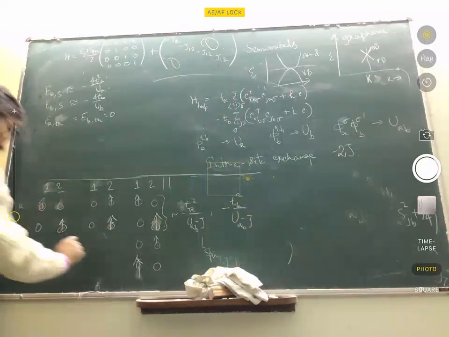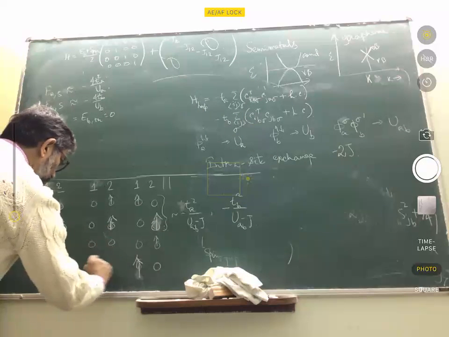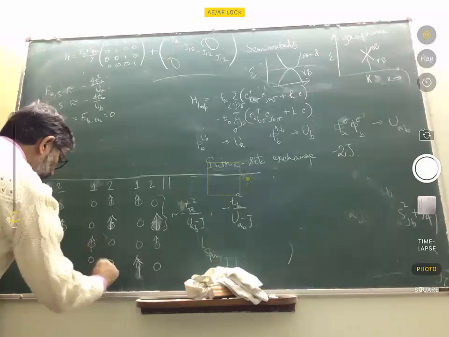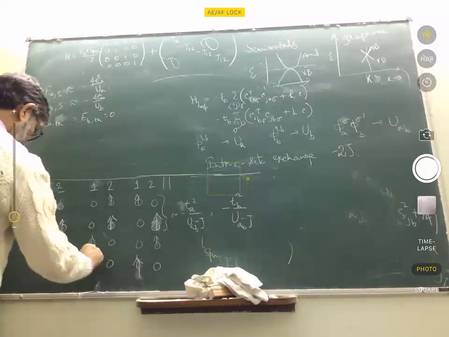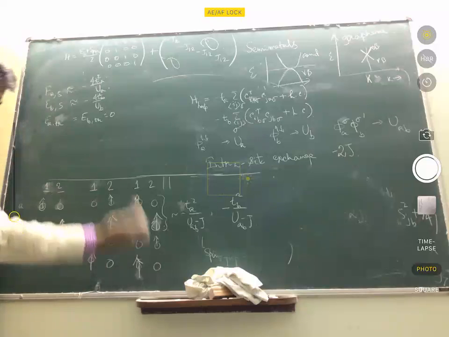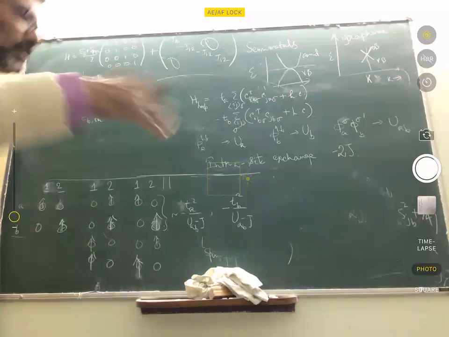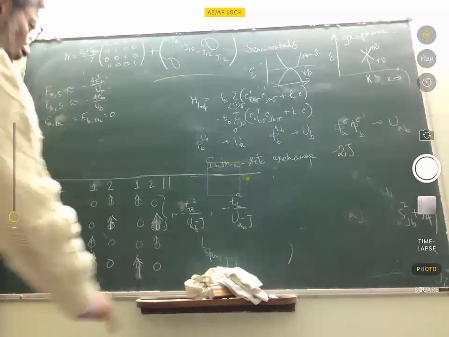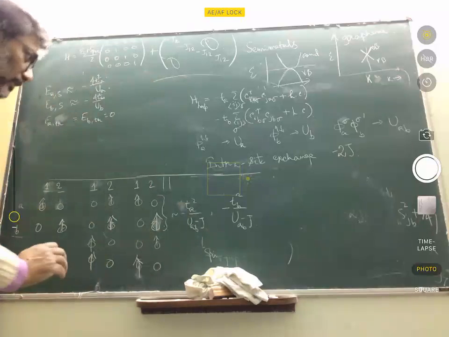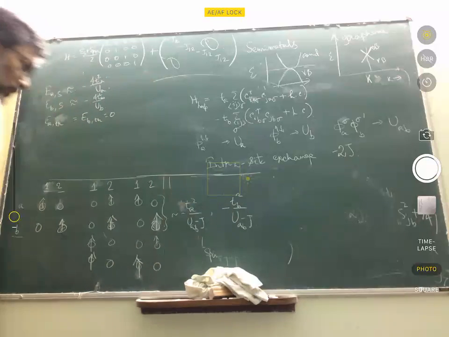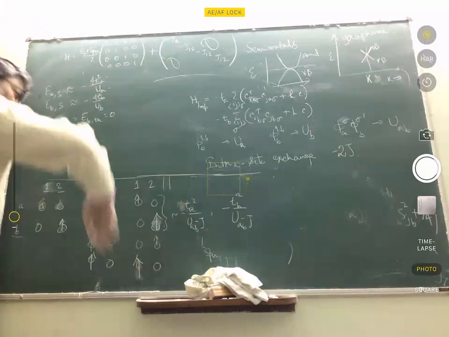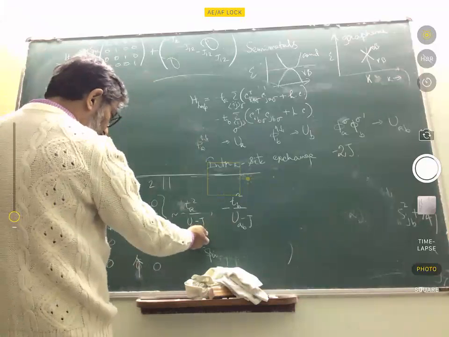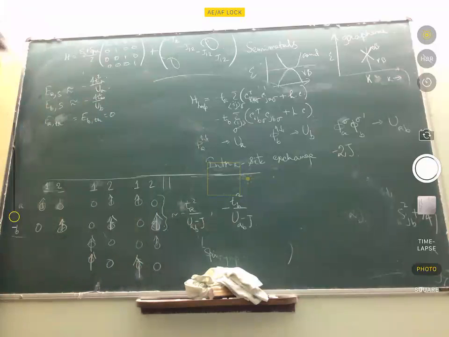I could have the other way around. The intermediate state could have been this, and this TB and then TA. So there are two TA-TB processes possible, one TA squared possible, one TB squared possible, and in each case the energy of the excited state which comes in the denominator is UAB minus J.